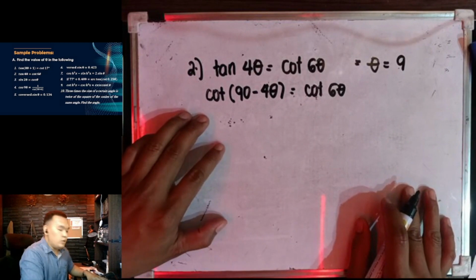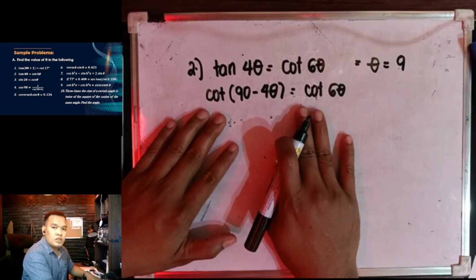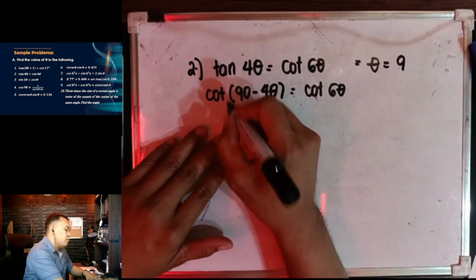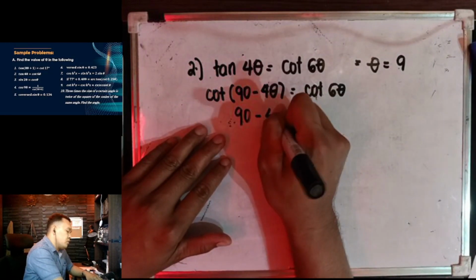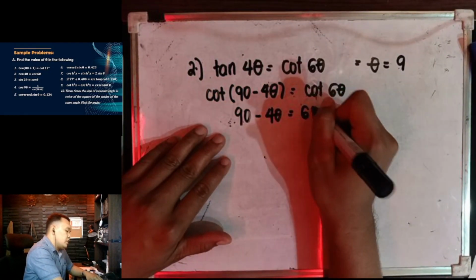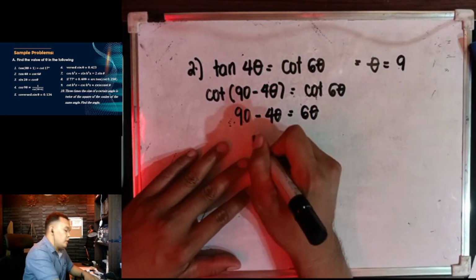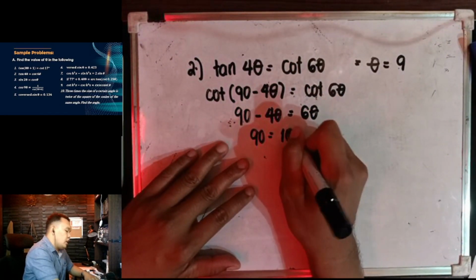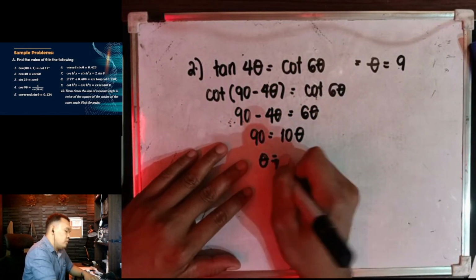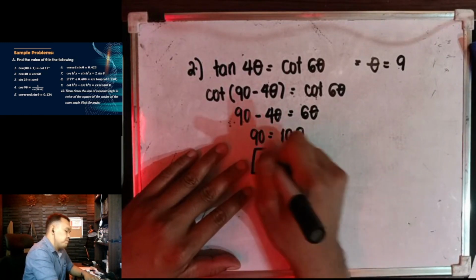Then, we could eliminate the cotangent here sa magkabilaang side. Then, matitira is 90 minus 4 theta is equivalent kay 6 theta. Then, 90 is equivalent kay 10 theta. And theta is equivalent kay 9.